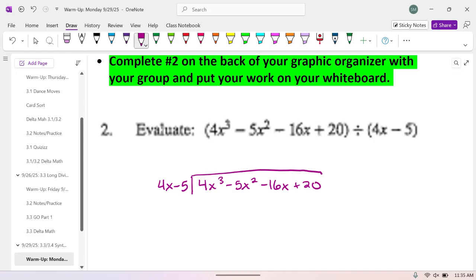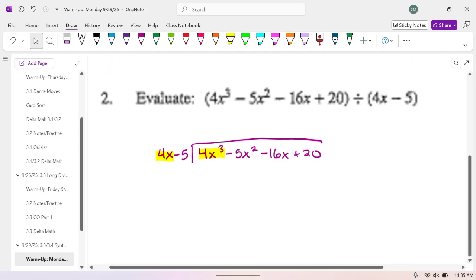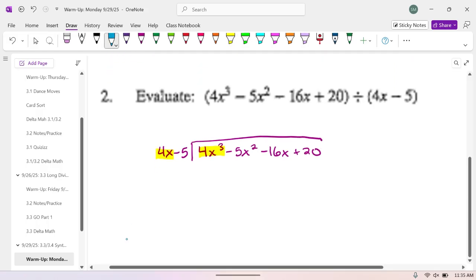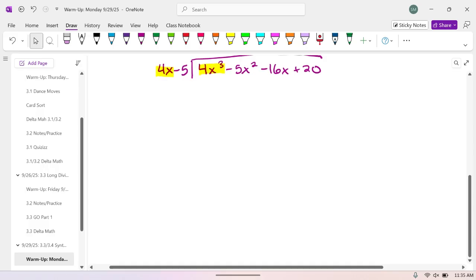Now, does anyone remember the first step? Dylan: 4x cubed over 4x. Right. So in other words, you divide the first term of your big polynomial by the first term of your linear binomial. I want to leave myself a little space, but I'm going to do it down here.